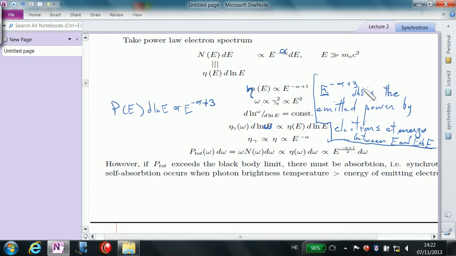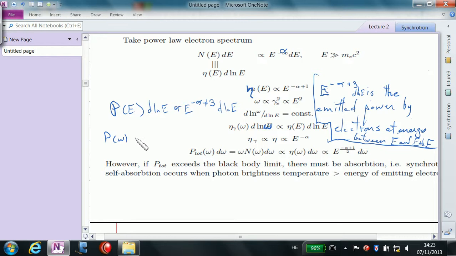It's alpha plus 1 plus another e squared. And this is d log E. So P, let's make it a slightly different P.